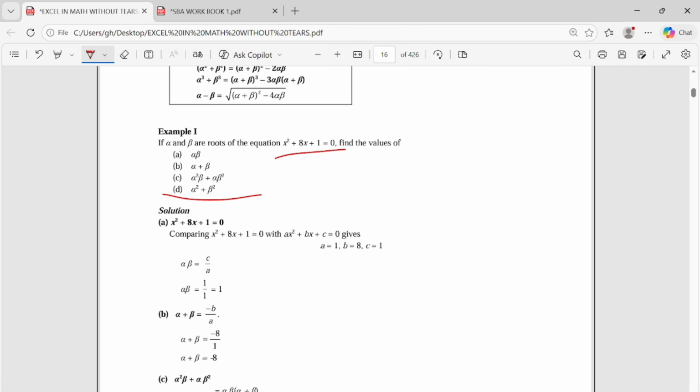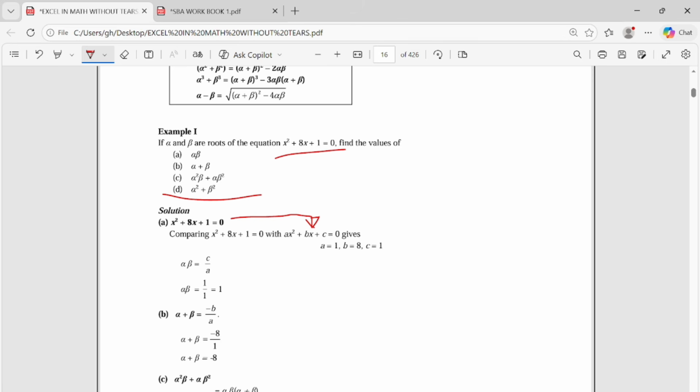So for us to be in a position to do that, we must first of all compare this given equation with the general equation of the quadratic expression. So you realize that if you compare it, you come up with your a as 1, your b as 8, and then c as 1.